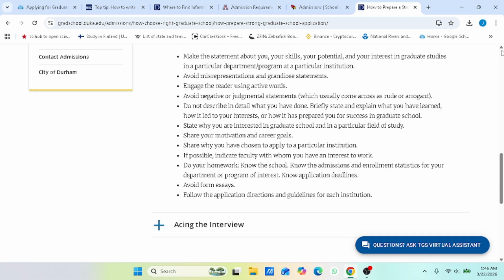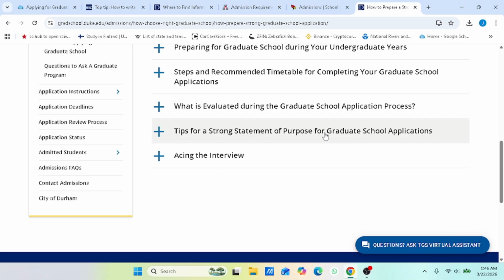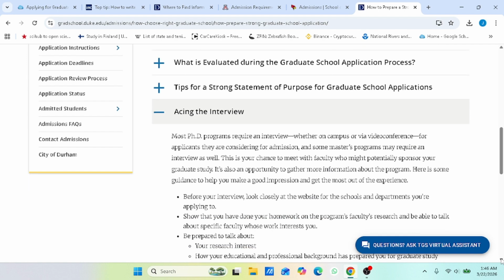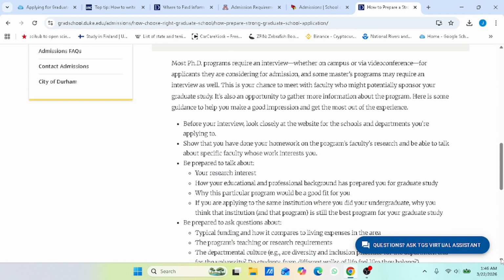And the last aspect to fine tune so that your application is a strong one is the interview. How do you ace the interview? How do you prepare for the interview and make sure that you succeed? Before the interview, number one, look closely at the website for the schools and departments you are applying to.